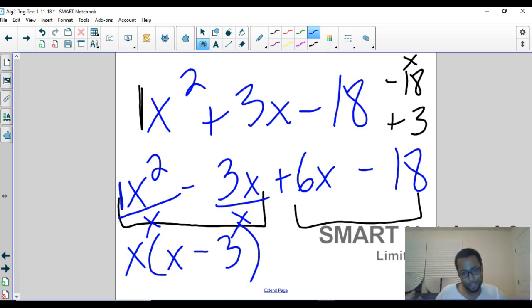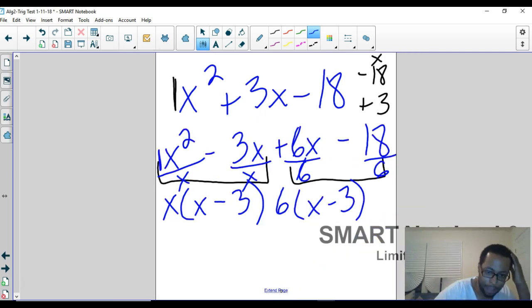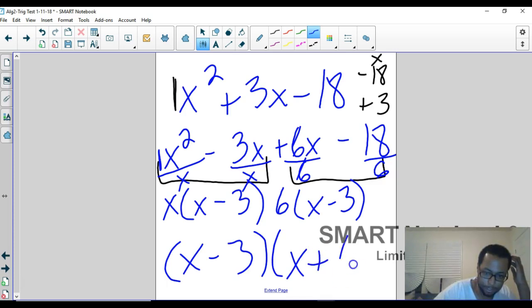Okay? Same thing on this side. This doesn't have an x, so it can't be x. 6 does go into 18, so 6 is going to be my greatest common factor. Divide by 6. That cancels out. I'm left with x. Negative 18 divided by 6 will be negative 3. So again, on this side, I have x minus 3. And then I have x plus 6.